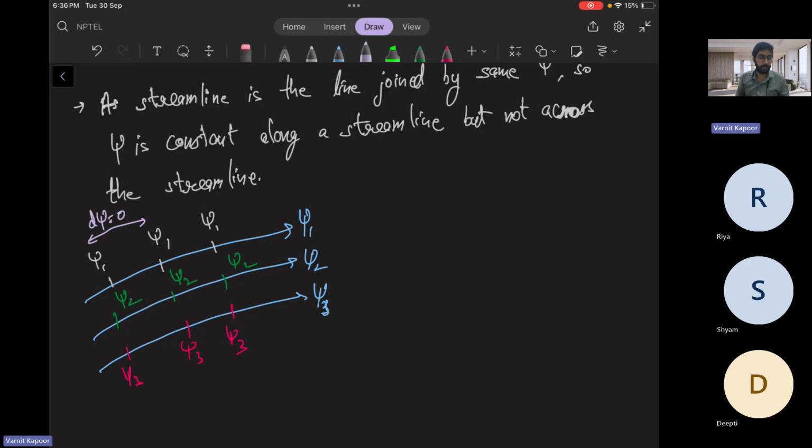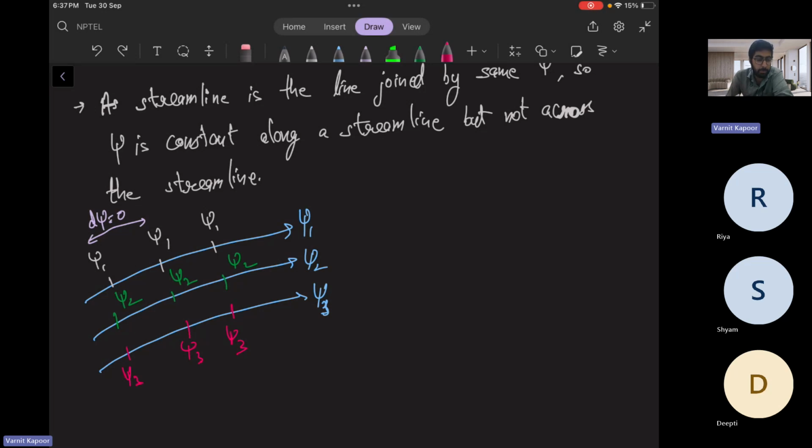And along the streamline, there is no discharge happening because flow is along the streamline. If you go from here to here, is anything discharging? Only the flow is happening. There is no discharge. So along the streamline, the change in the discharge is zero.